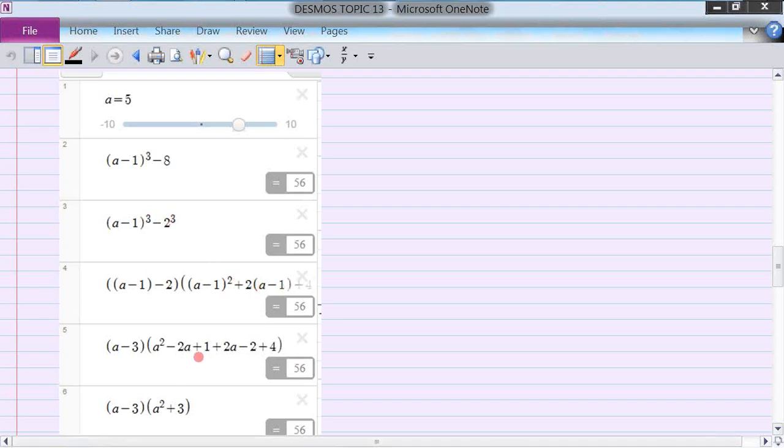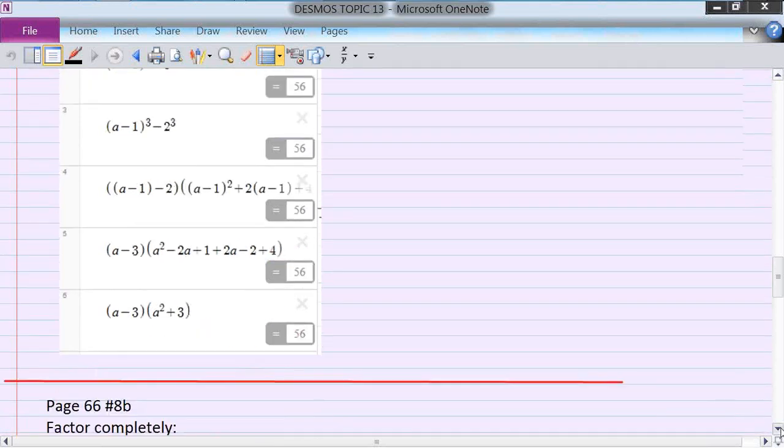So then it's just a matter of expanding this to a squared minus 2a plus 1. In other words, a minus 1 times a minus 1 will give me a squared minus 2a plus 1. This 2a is that 2a, and the 2a times the minus 1 is minus 2, and then this plus 4 is that plus 4.